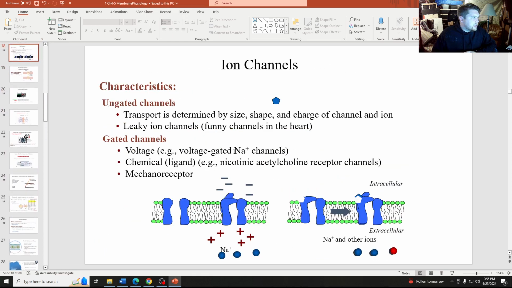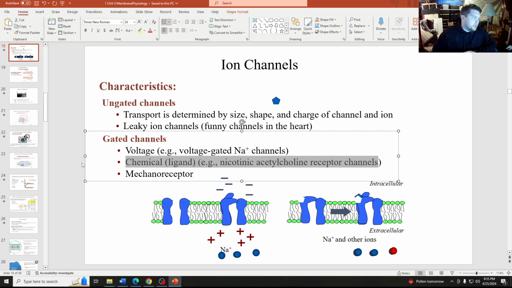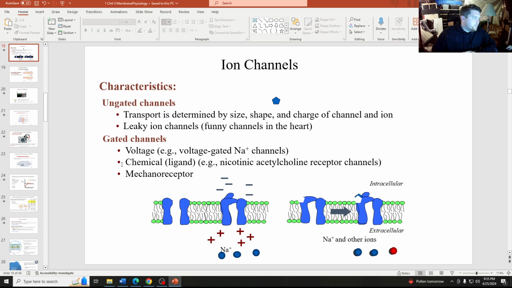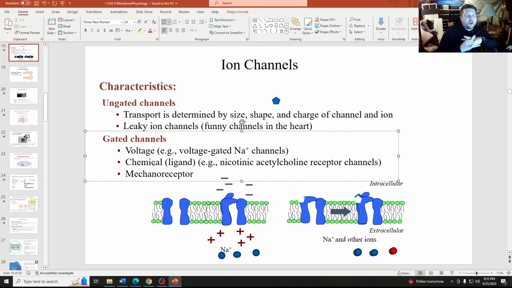Our voltage gated channels. We're also going to have chemical gated ion channels. This we're going to look at in the next chunk of material for this week, when we start looking at the neuromuscular junction.